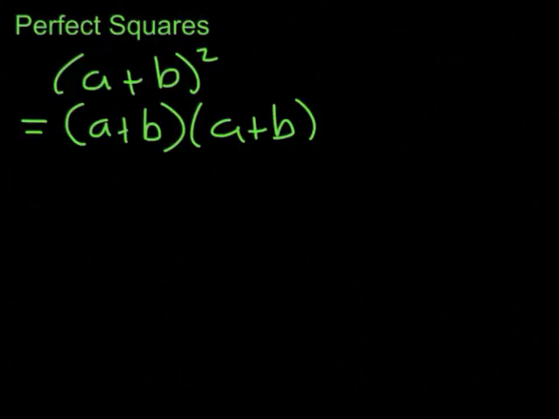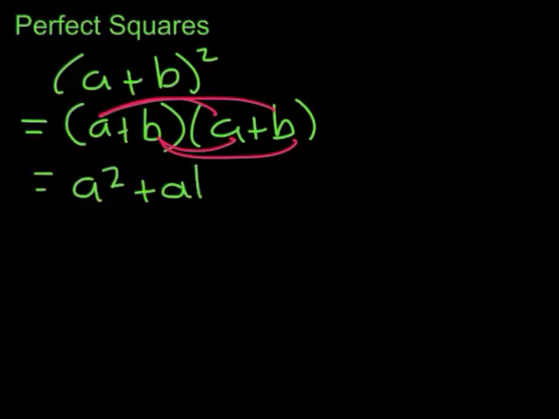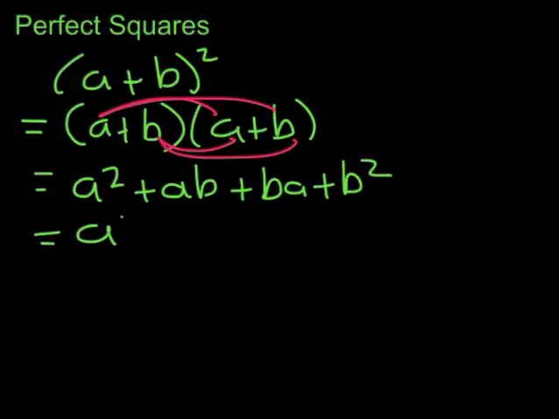Now if we apply the distributive law to this perfect square, each of the terms in the first bracket multiplies each of the terms in the second bracket, and we'll end up with A squared plus AB plus BA plus B squared, and when we simplify, that gives us A squared plus 2AB plus B squared. That's the first example of a perfect square.